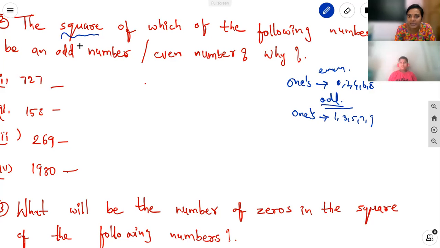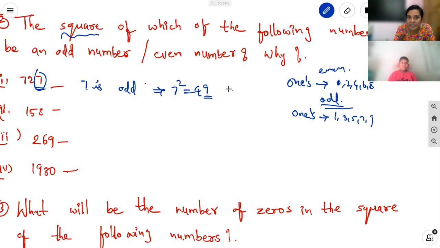Here they are asking, square of which of the following numbers would be an odd number, even number. Why? Here 727 has the ones digit 7. Sorry, odd number. 7 is odd. Square of 7, 7 square equal to 49.